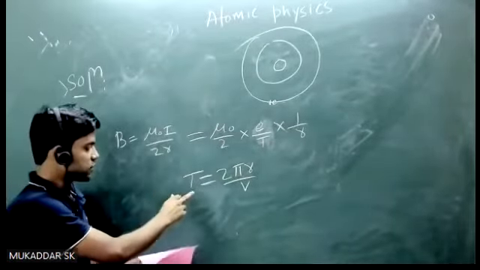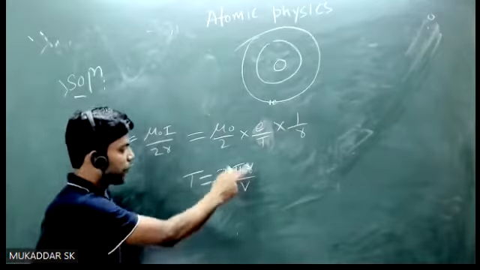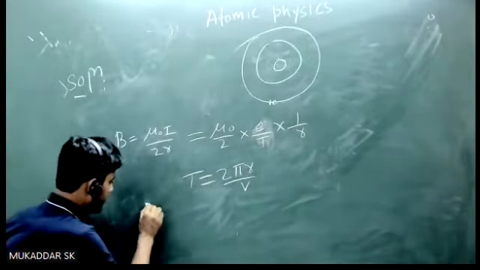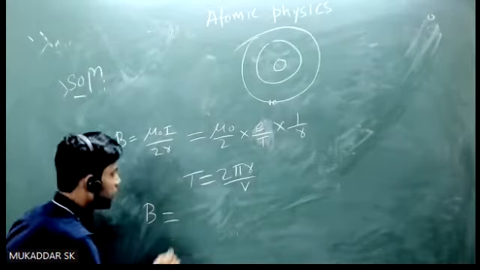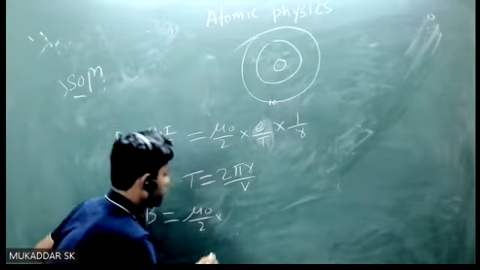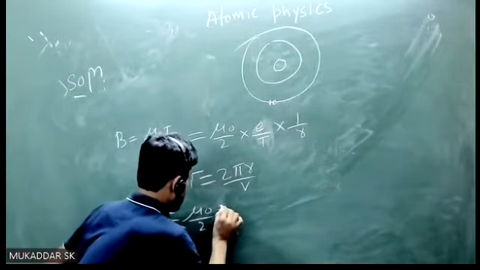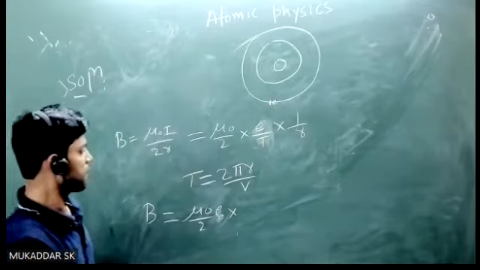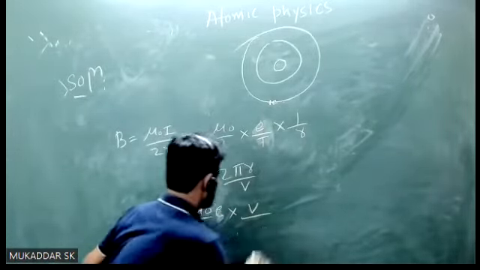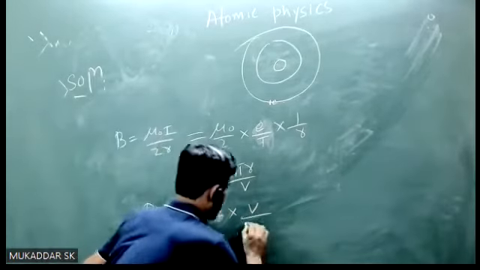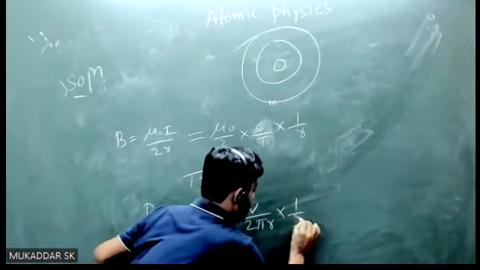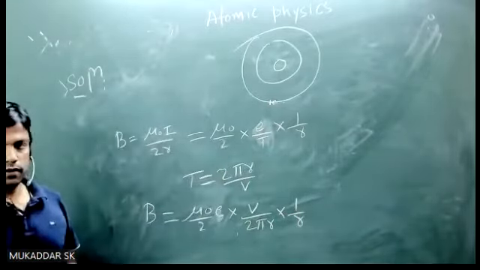Now for rotational motion, T equals 2 pi r by v. If you substitute it, how much will the magnetic field be? Mu naught by 2 into e, and then 2 pi r by v, so v will come in the numerator, you will have 2 pi r, and you have 1 by r.